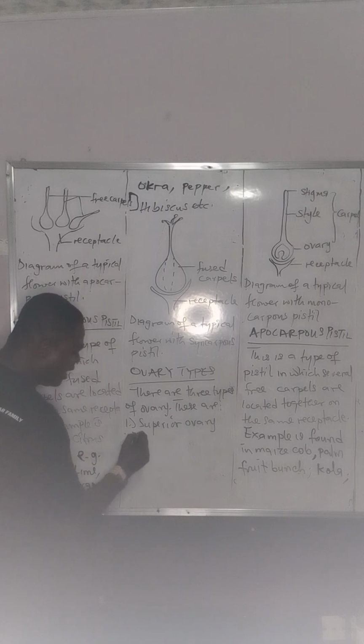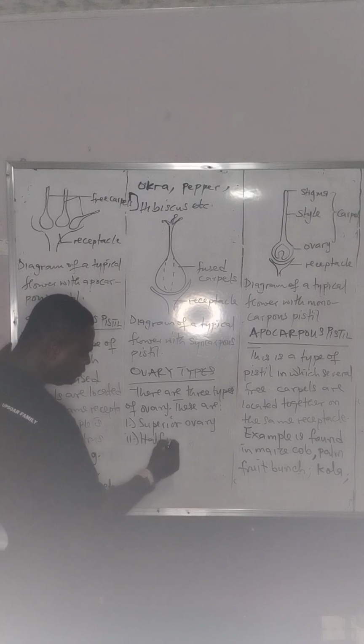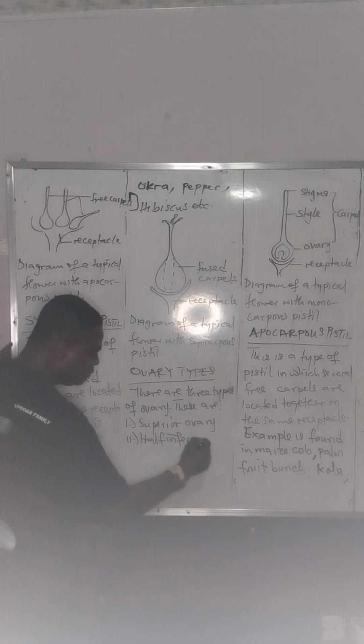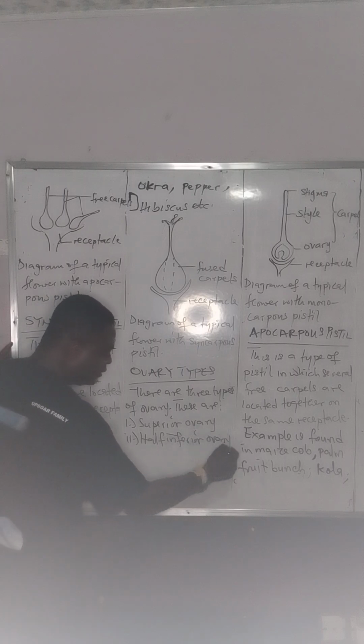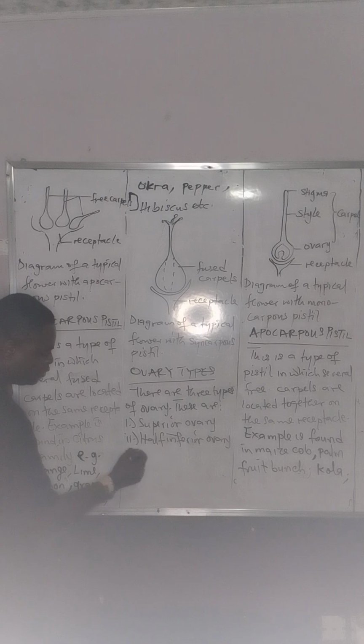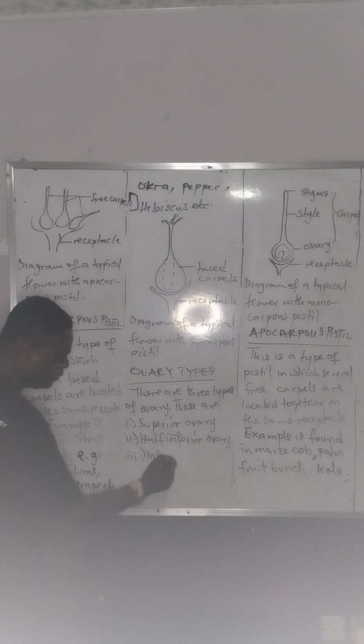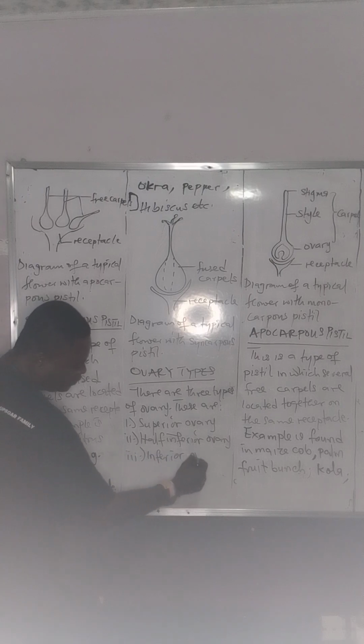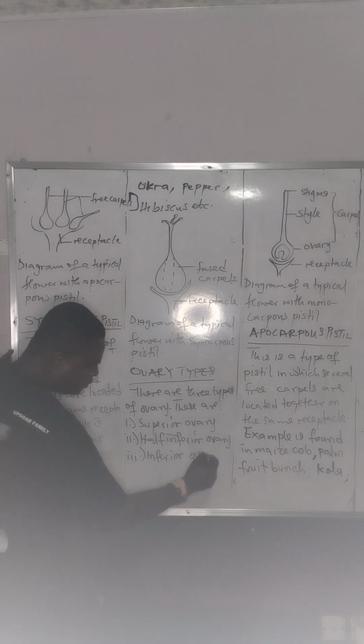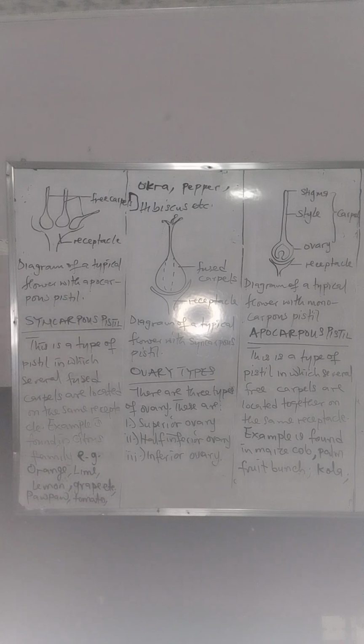The second one is called half inferior ovary. And the third one is called inferior ovary. So these are the 3 types of ovary we have.